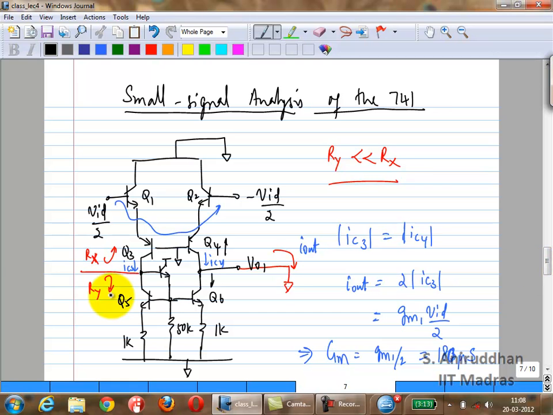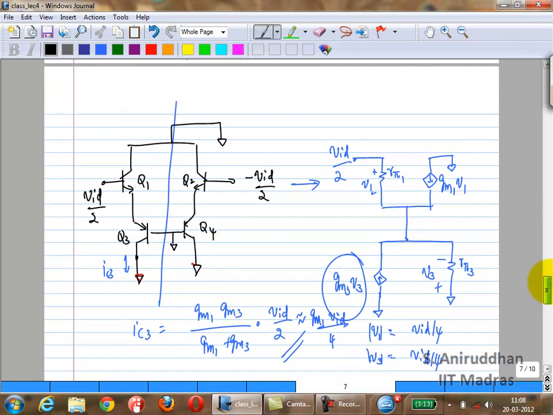We made a few assumptions. We assumed that Ry was much less than Rx. So you can go ahead and replace the current mirror with something close to a ground, at least as far as calculating the GM, the transconductance.